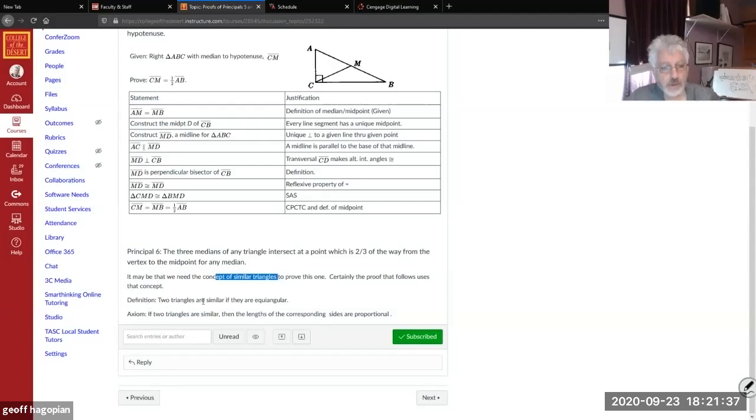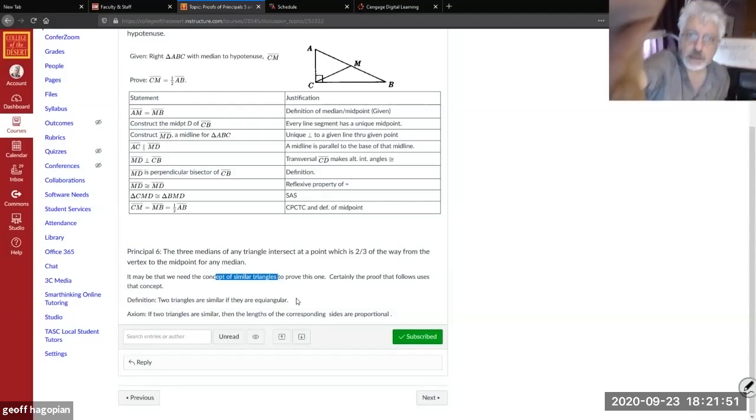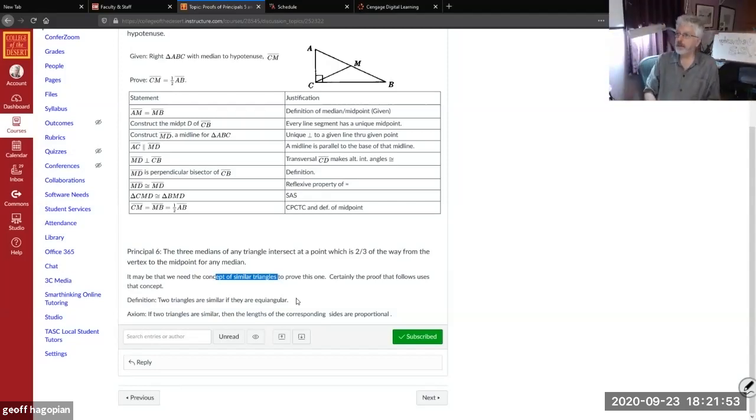So two triangles are similar if they are equiangular, right? It's not enough, so we don't have an angle theorem for triangle congruence, right? Why not? Well, because we need at least one side to be congruent for the triangles to be congruent.